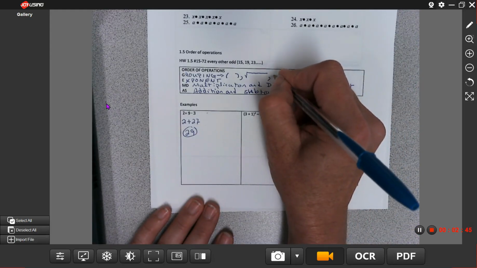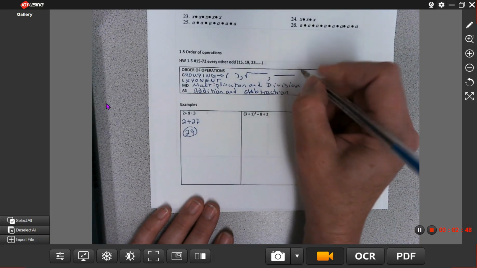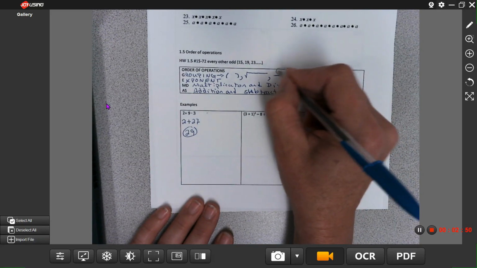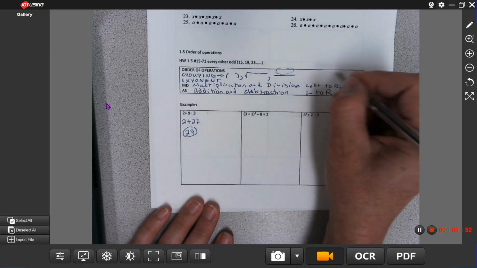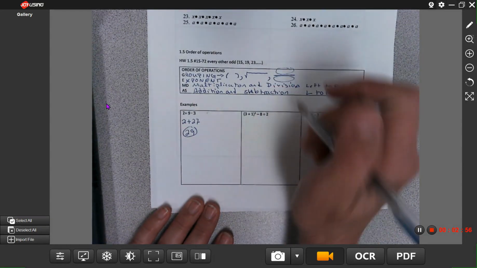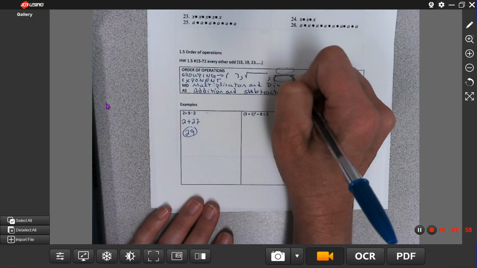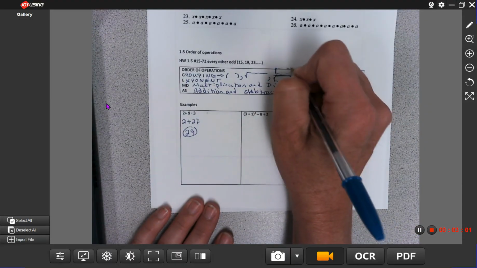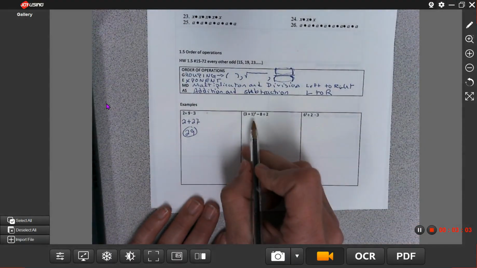Another thing that's a grouping symbol is a fraction bar, so we have to do what's in the numerator together first before we do something outside of it, and we have to do what's in the denominator first. So it's kind of like a fraction bar implies parentheses in the numerator and the denominator.